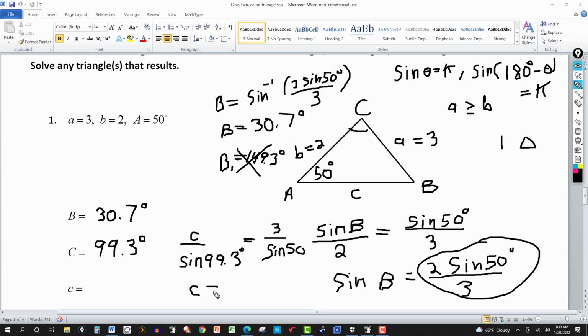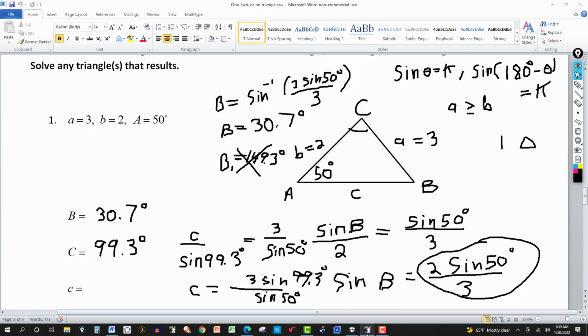So c would then equal 3 times the sine of 99.3 degrees over the sine of 50. And that, of course, is degrees. Again, always make sure your calculator is in degree mode, otherwise you're not going to get the right solution.